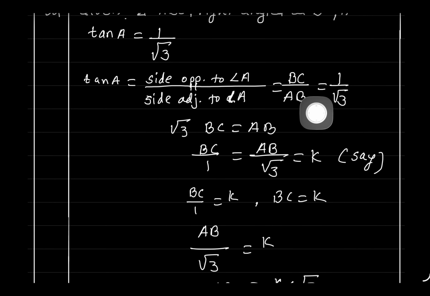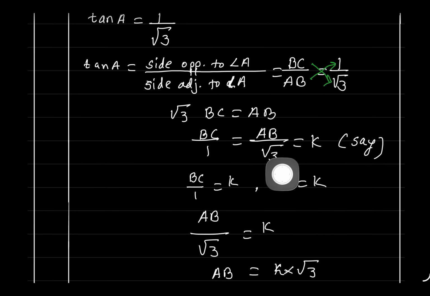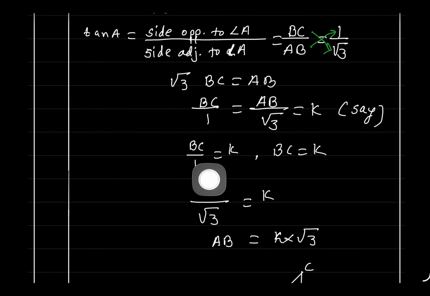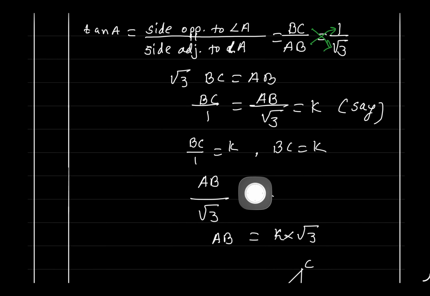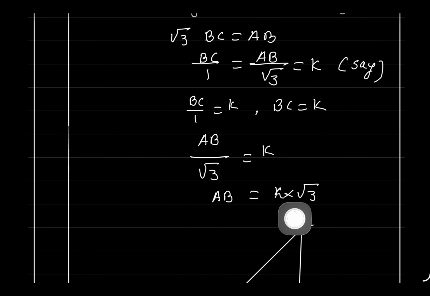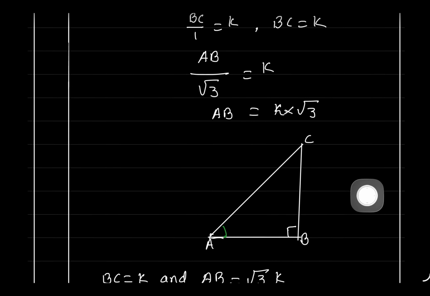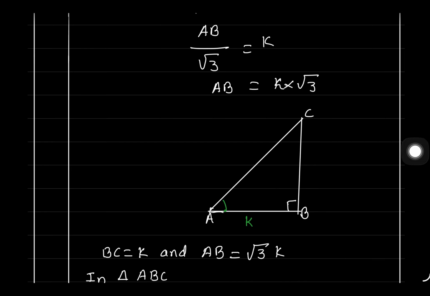Now you know that we have to do cross multiplication. So root 3 into BC, and 1 into AB. So BC upon 1 and AB upon root 3 equal to K. Then BC upon 1 equals K, so BC equals K. And AB upon root 3 equals K means here also cross multiplication, so AB equals K root 3.